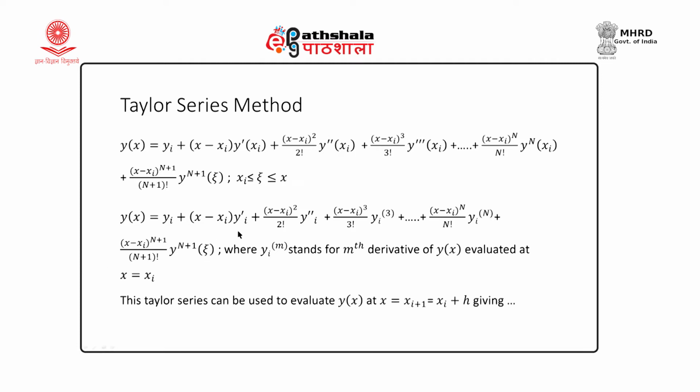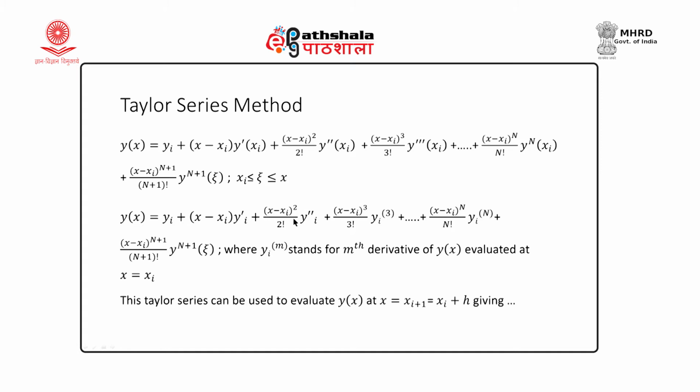Now, these yi are the derivatives at the point x equal to xi, and we can get them in terms of derivatives of y at the point xi. If these values are available to us, then we can get the value of y at any point x. Obviously, x should be near the point xi in order to make these terms smaller.